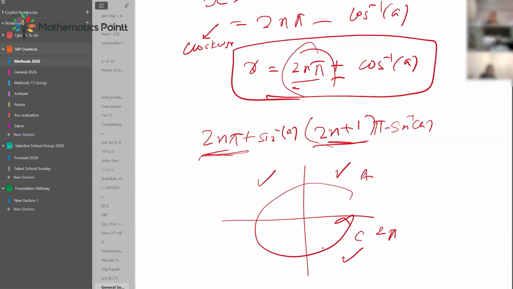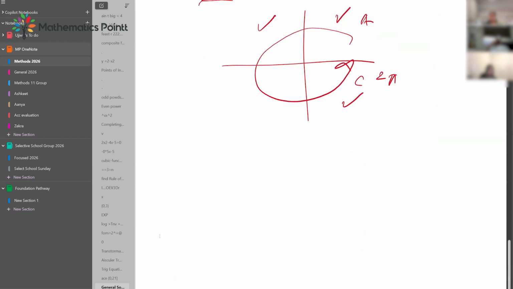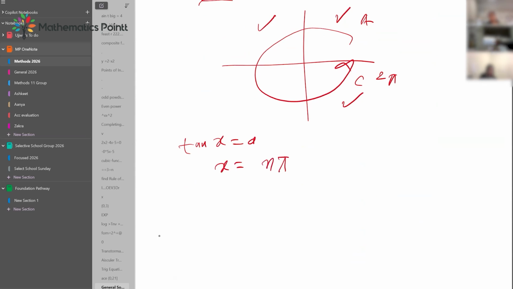And the period of tan is pi. So tan is even simpler. If you have tan x equals a, the generic solution will be n pi. Why? Because the period of tan is pi. So if you've got the first rotation value of tan, for the next rotation value you need to add pi's to it rather than two pi's.